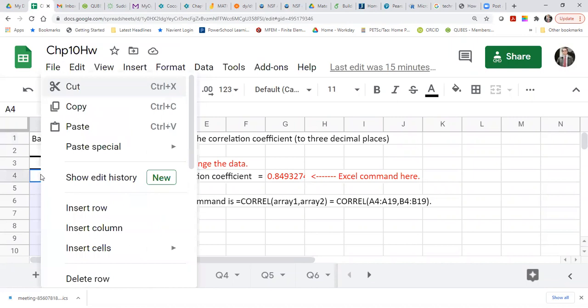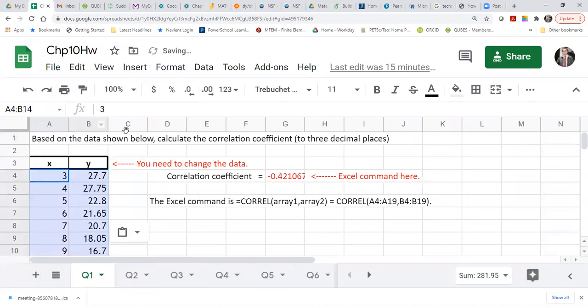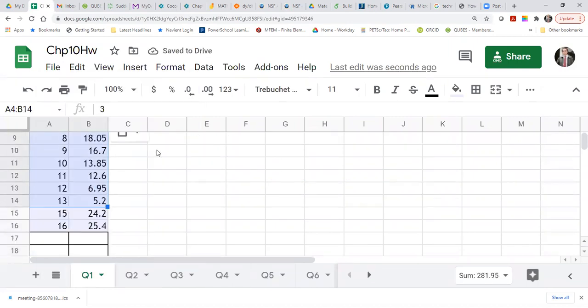And you can see our data goes up to row 14, right? The data down here is from the previous problem, so you have to highlight it and press the delete button to erase it.